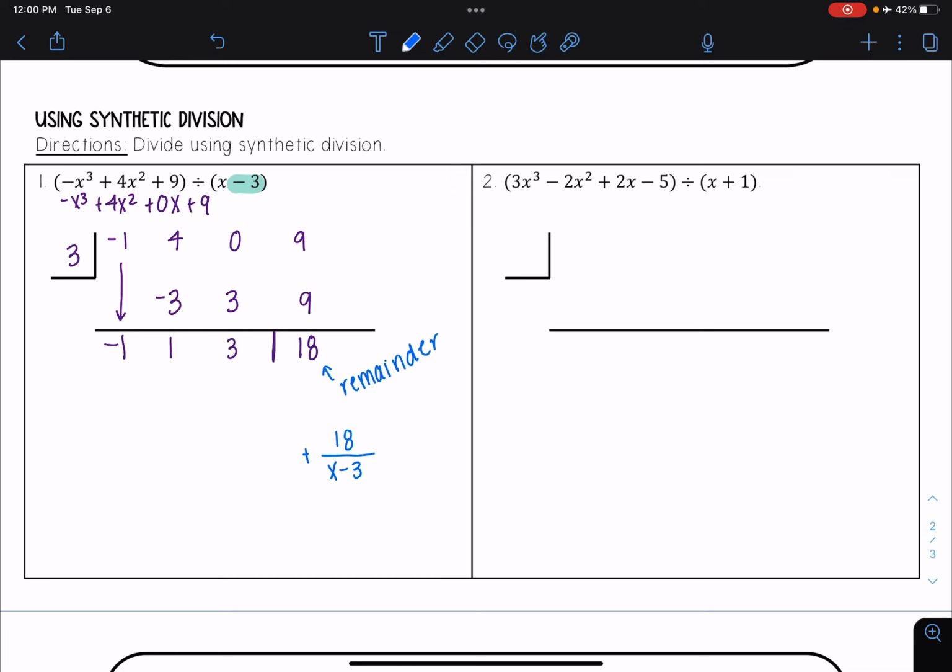So my last term, my standard form is always just a number, so I have 3. Then I'm going to keep adding an x as I go on. So I have 1x, and then negative 1x squared. But we don't need that 1 out in front, so I can rewrite this as negative x squared plus x plus 3 plus 18 over x minus 3. And that would be my answer.